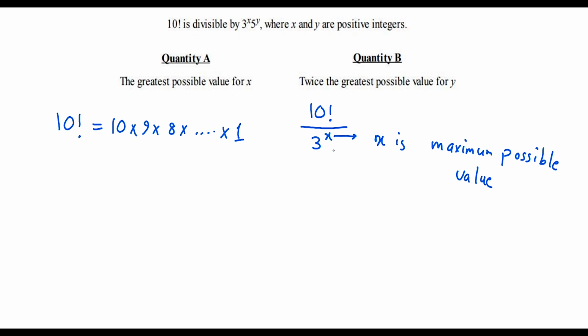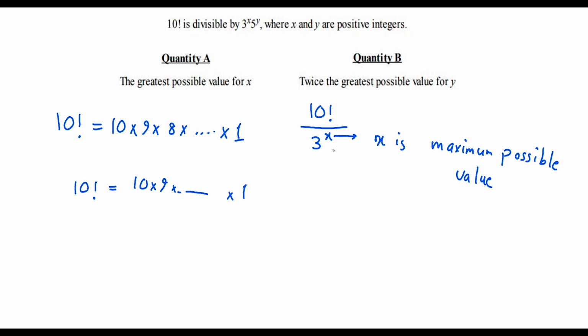Okay, let's examine how we can determine how many times 10 factorial is divisible by 3 or 5. There are various methods to approach this. The first method is quite straightforward. We can simply count. For instance, 10 factorial is 10, 9, as we said, until 1.